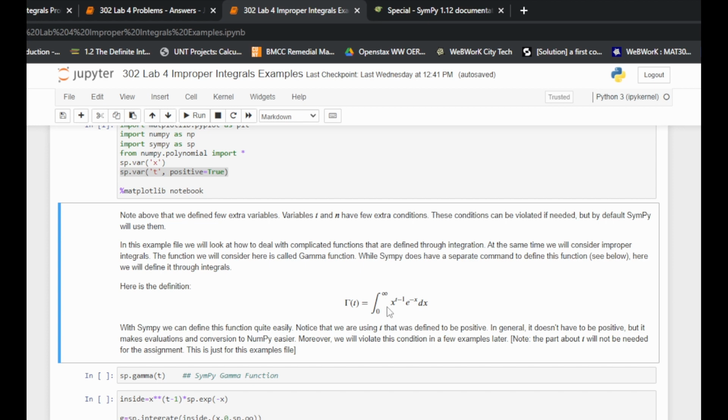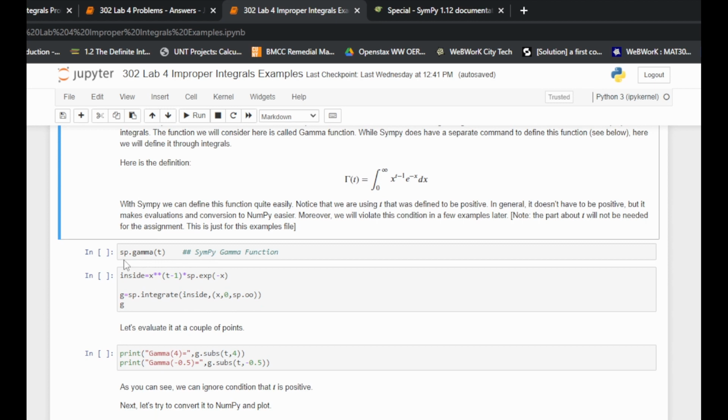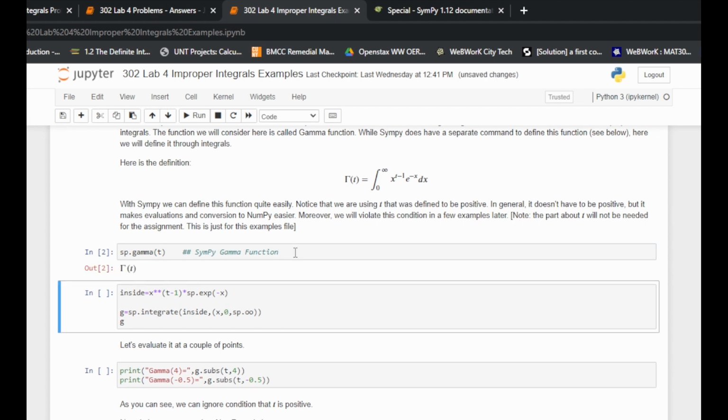So how do we define it in SymPy? Well, there are two ways of doing it. The first one, kind of an easier way, is that we have an actual command that creates a gamma function: sp.gamma. This creates my gamma function, and SymPy knows what that is. However, I will define it here using an integral first.